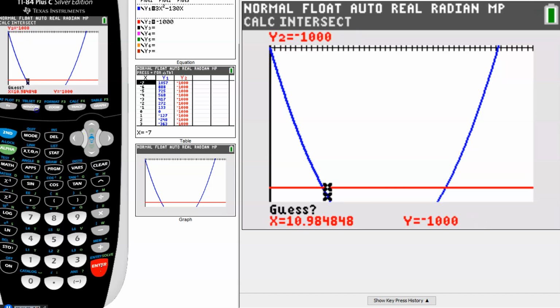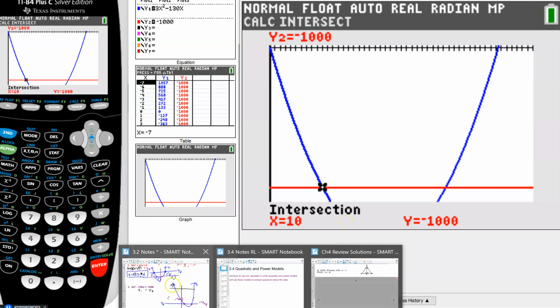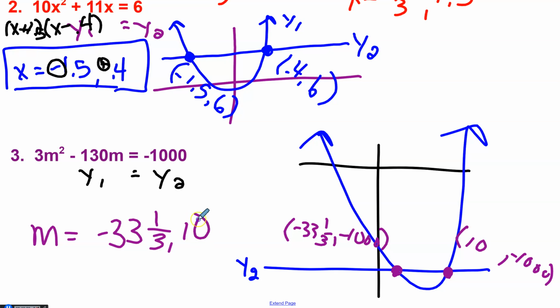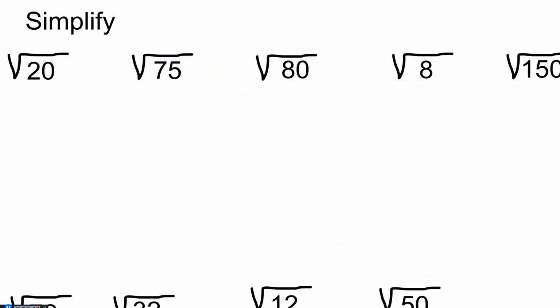So enter, enter, enter. And that's going to be at 10, negative 1000. So I'm going to go over here. So this is going to be negative 33 1/3 and 10. So my m, not my x, my m is equal to negative 33 1/3 and 10. Those are my final answers on that one.